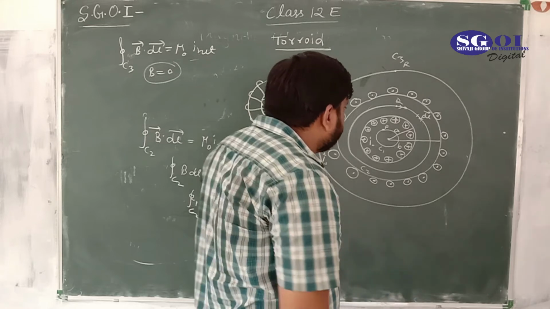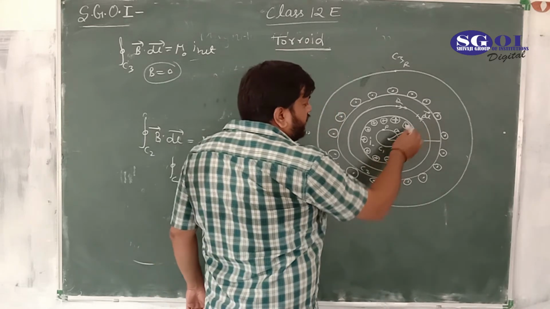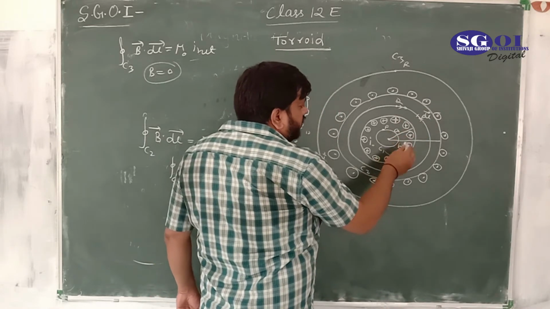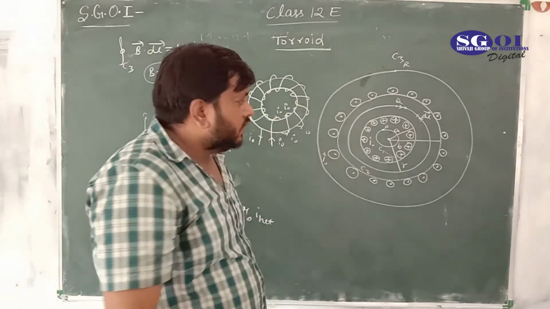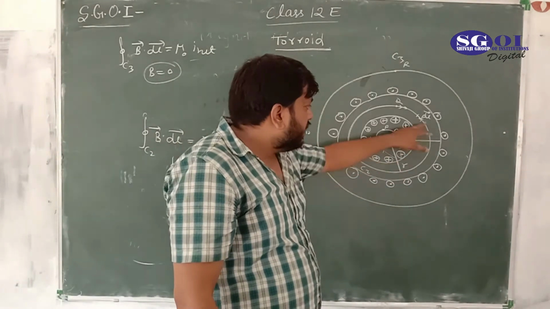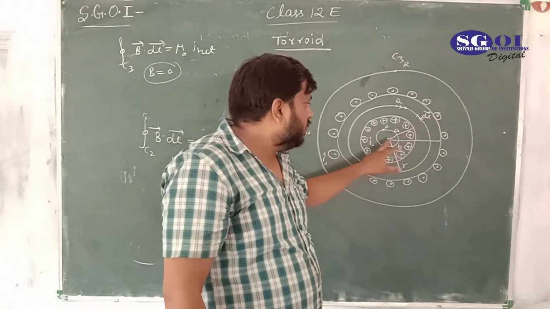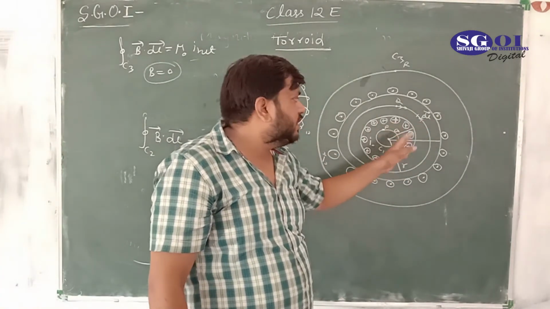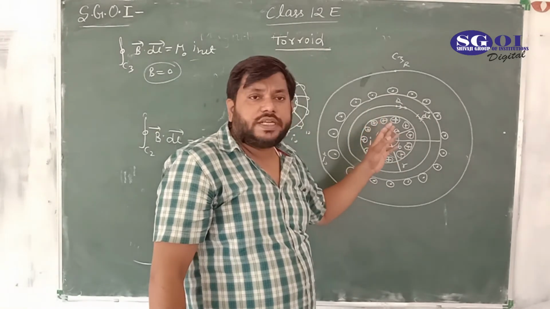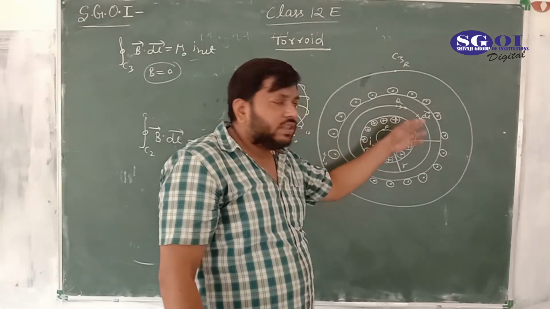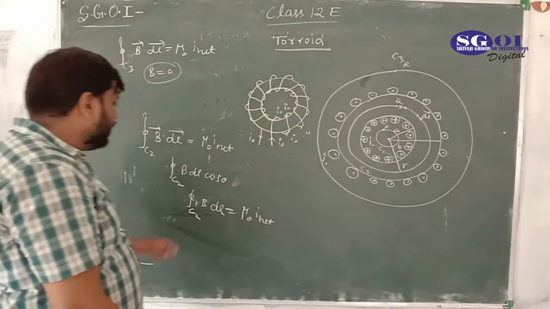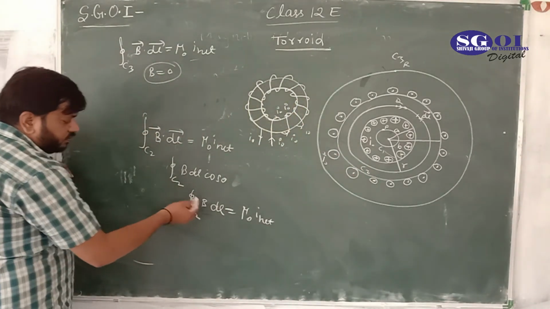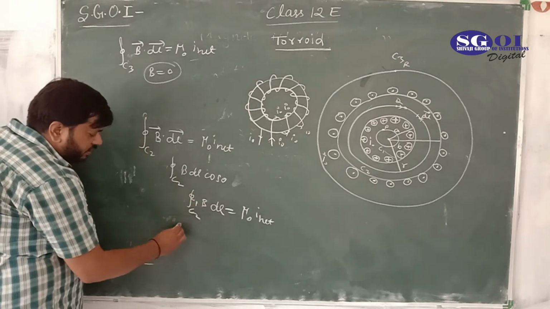So students, we have already seen here, let's say it is a distance r. We have already seen that this Amperian loop is at a constant distance from this point. It means the magnitude is constant at all the points on this Amperian loop C2. So B is constant. We can take this B out of the integration.